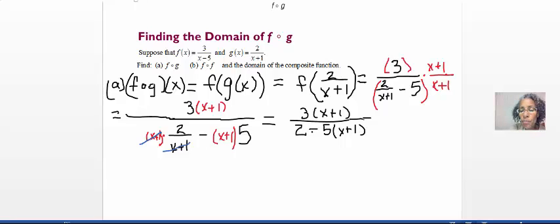So you have to actually multiply through here. This is a place where people really have problems. Think about this and look carefully at what's being done here. So I'm going to distribute the product of negative 5 times x plus 1 in this part of the denominator to get minus 5x minus 5. And the numerator equals 3x plus 3.